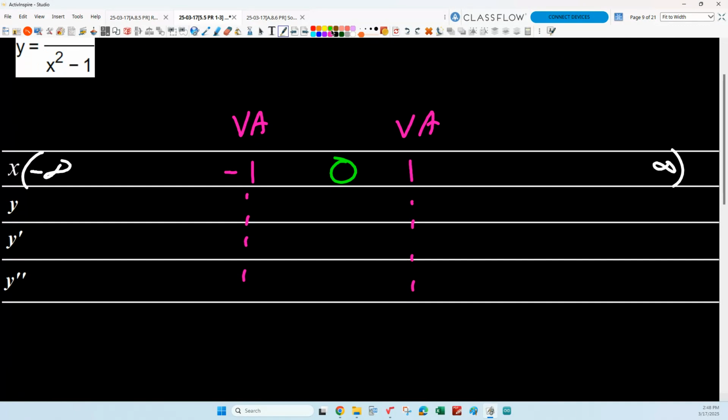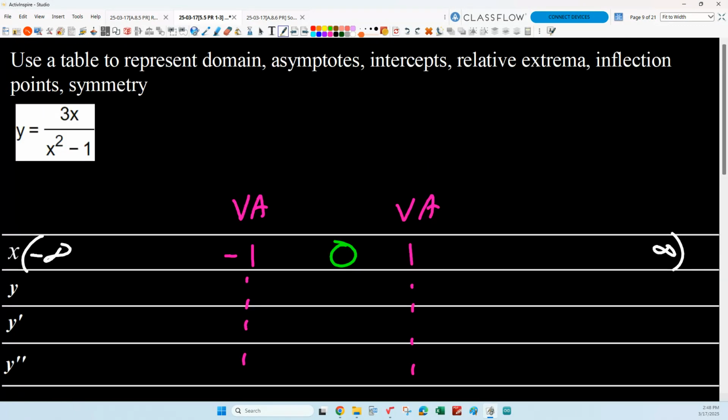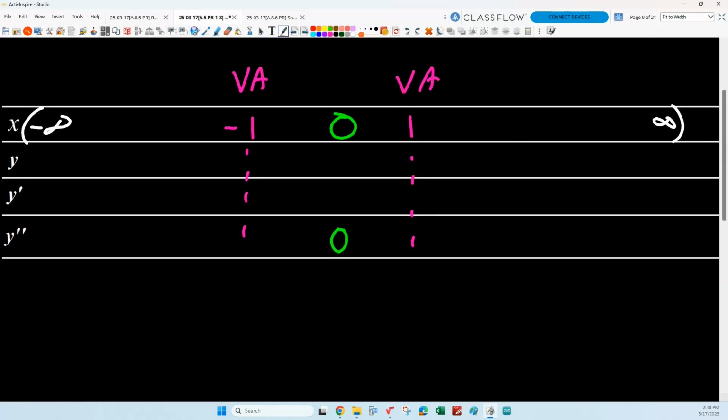And we said, oh, what's the sign of the second derivative at 0? Oh, actually, it's 0. Right, so what do we need to do between the vertical asymptotes? There are no extrema anywhere, right? There were no first derivative critical numbers. But what could be happening there? Could be an inflection point, right?